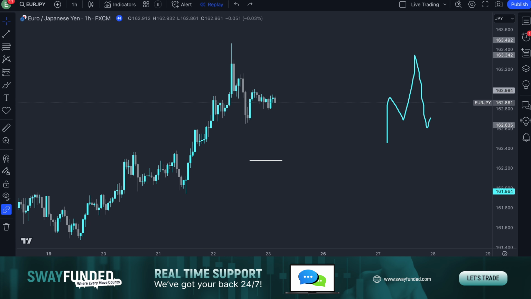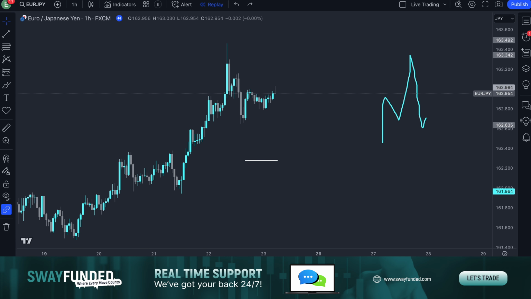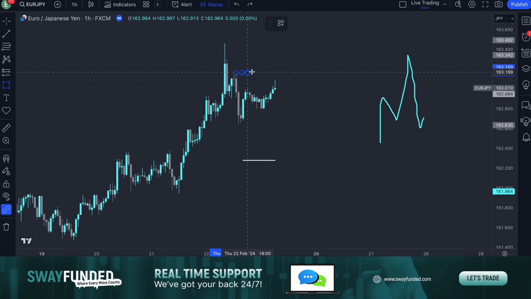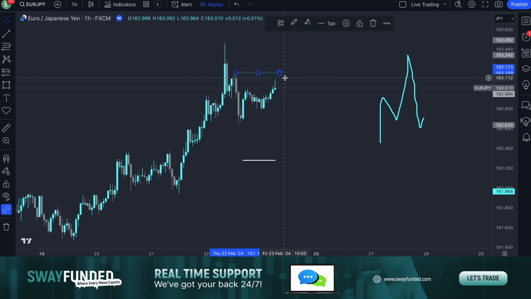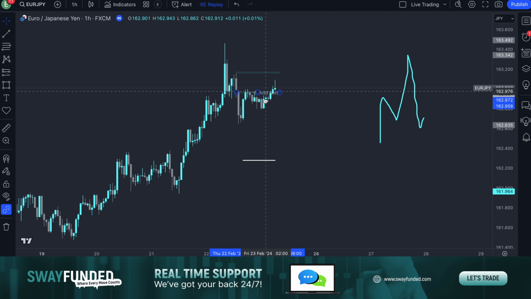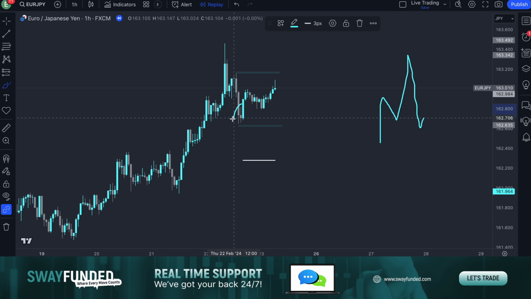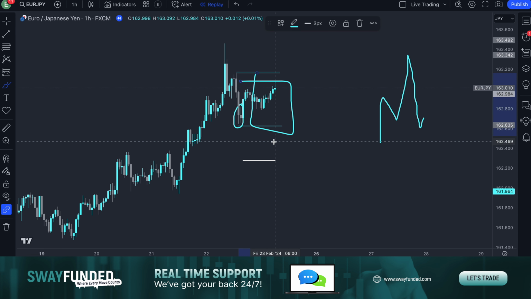The next few candles are range bound, and price is sitting between this high and this low. So we have identified a range that was going to occur just from these two candles. We predicted that this was going to happen.